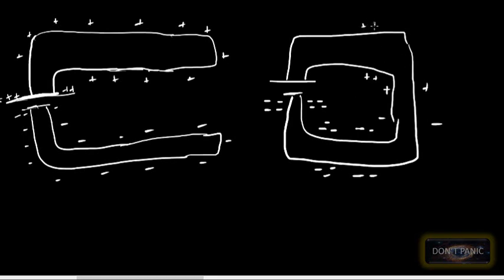You have more positive here, more positive here, more positive here, and most positive right next to the battery terminal. And then what this gradient of charges does is it establishes an electric field inside a conductor.